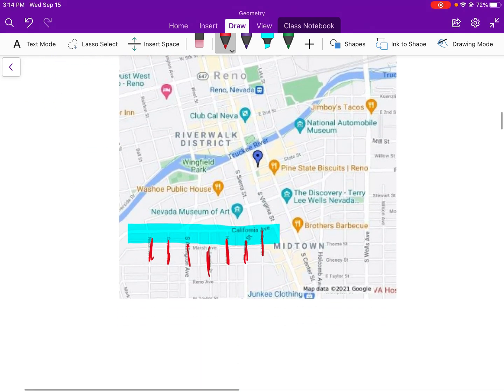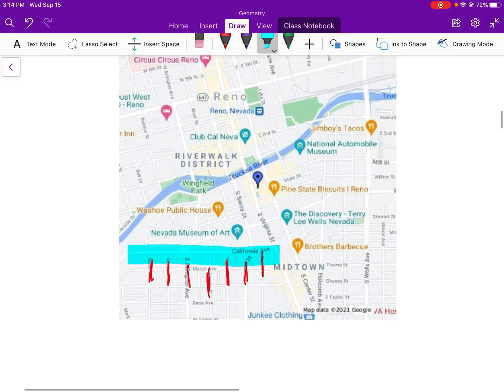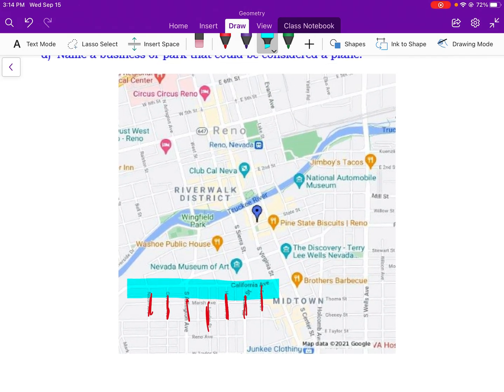If I'm being asked to name 3 streets that are parallel, right? So that means if I were to highlight something on the map here, streets that are parallel, gosh, with how I've drawn it here, it's not going to be as evident because they all look like they're at the slightest angle that's not making it parallel to California Avenue.